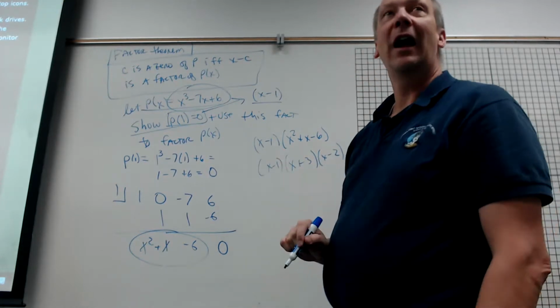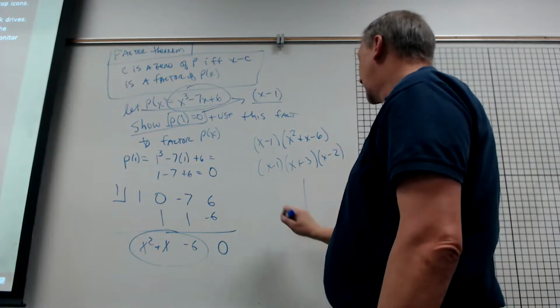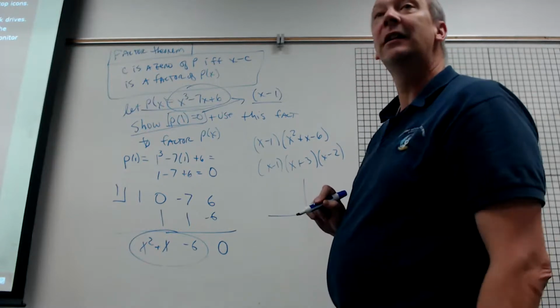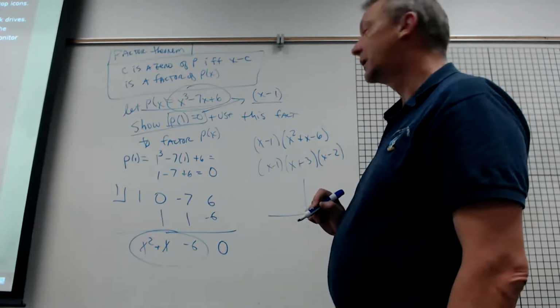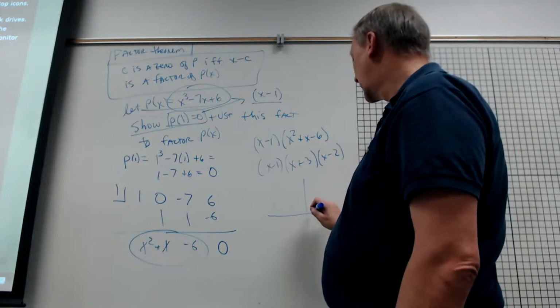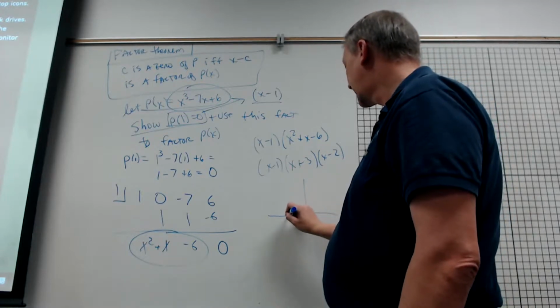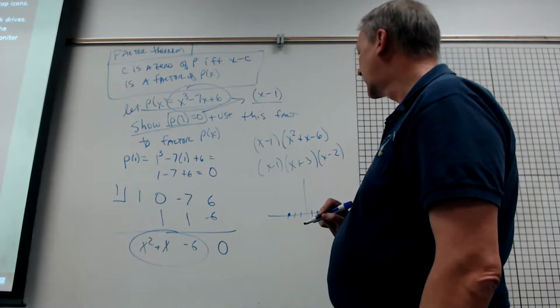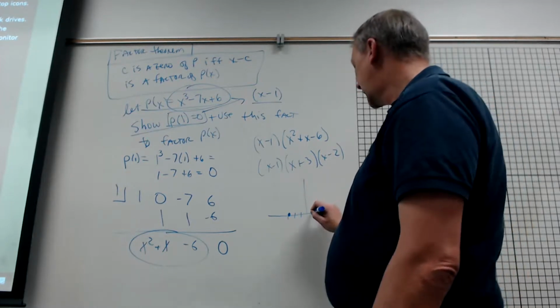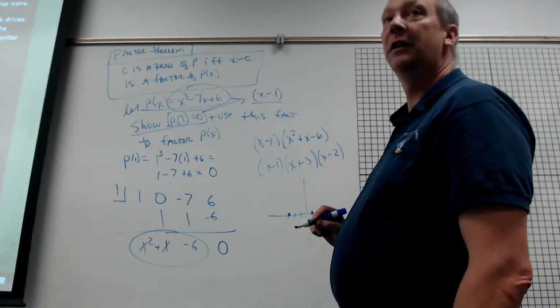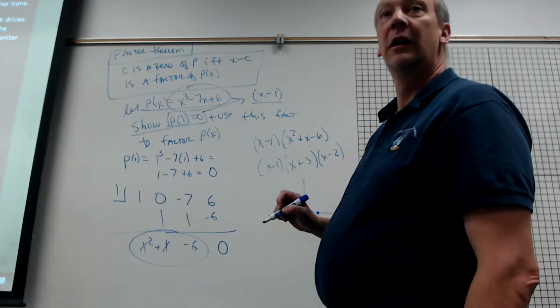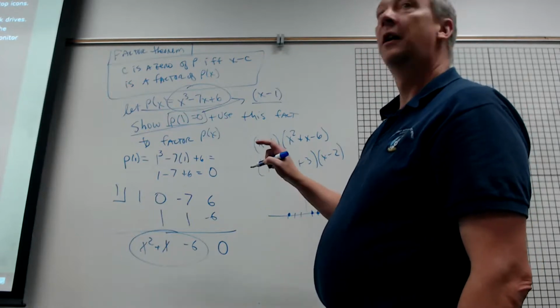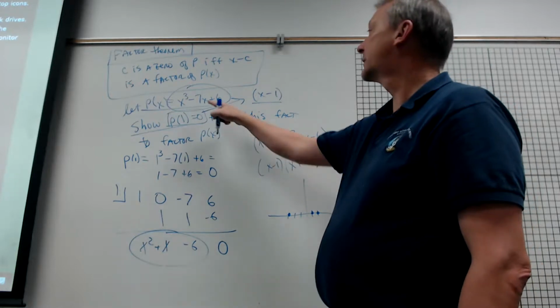So we factored that, and if I were to graph it, I would have zeros at where, Breezy? Negative 3, positive 2, and positive 1. Power function is x to the third, right?